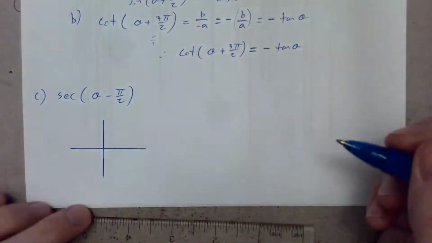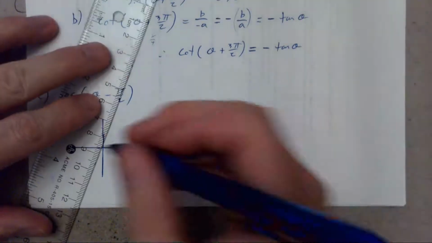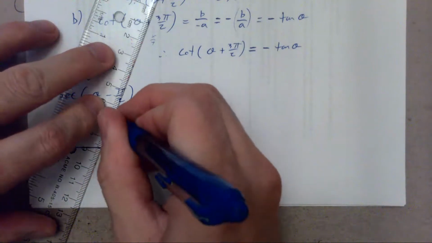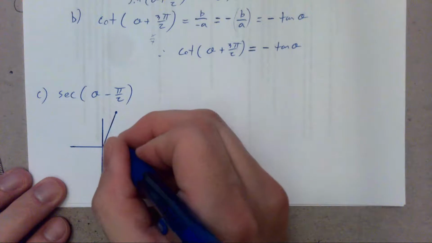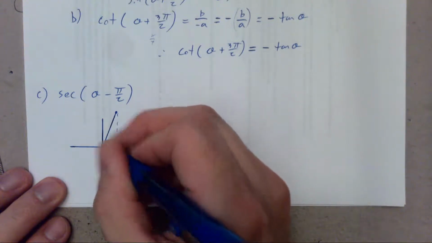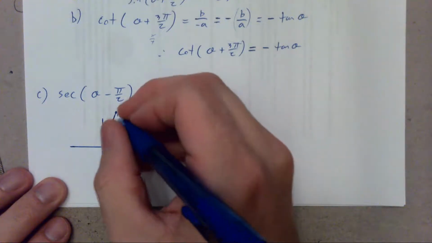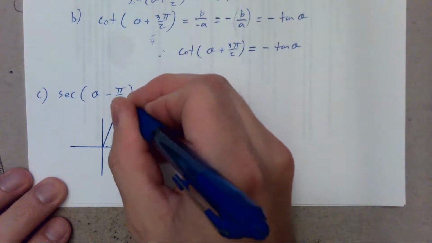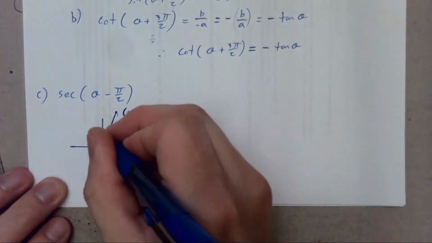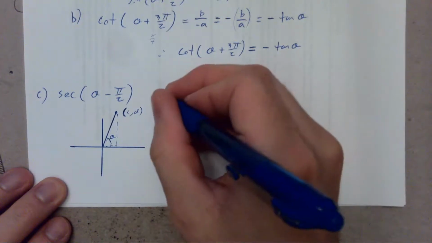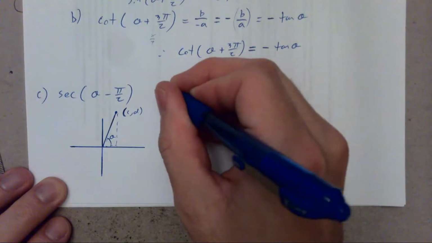So I am going to sketch a theta. This time I'm going to make theta maybe a little bit bigger than pi by 4. But I'm still going to put it in the first quadrant. Maybe to get over the A's and B's, let's call it C comma D. Here's theta.